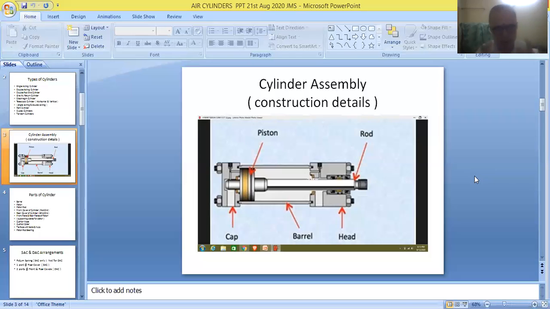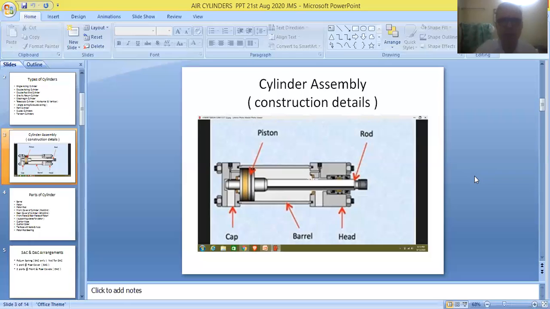The cushion collar absorbs shock intensities at ODC of the cylinder, and the other item absorbs shock intensities at IDC of the cylinder. So friends, all these elements are not generally given in diagrams, but we have to note down that all these components are very essential for preparing the assemblies of cylinders.